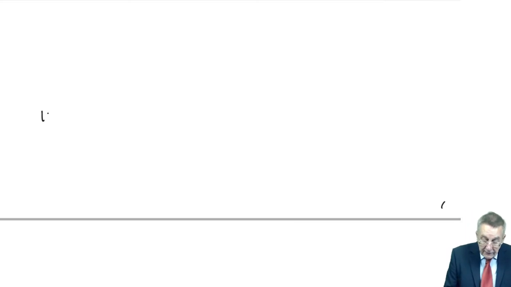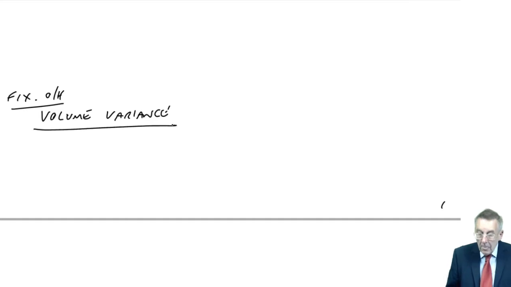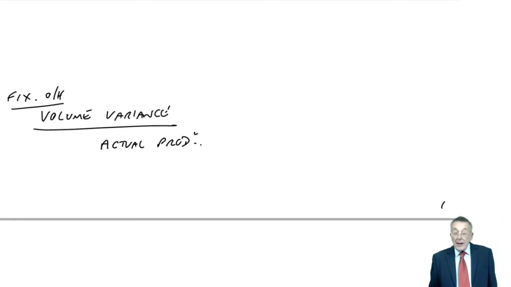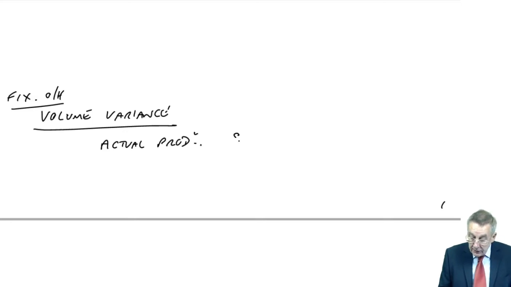To calculate the volume variance for fixed overheads, we compare the actual production. We actually produced here 8,900 units with the budget production.